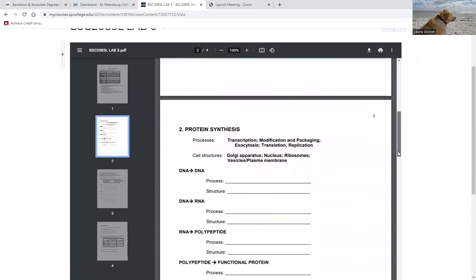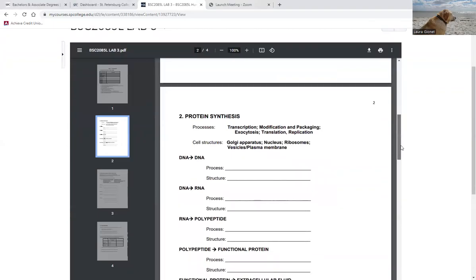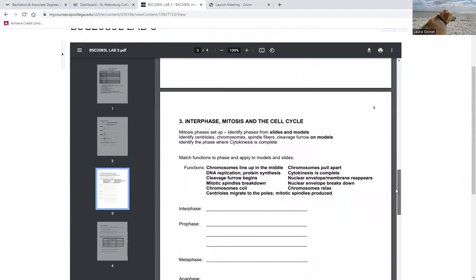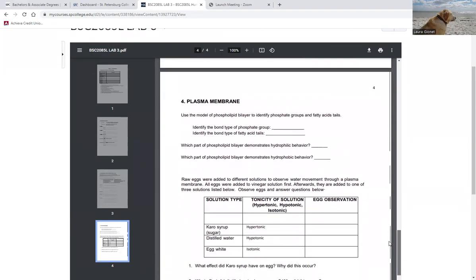Then we're going to move on to processes and the cell structures or organelles associated with protein synthesis, and we'll discuss that. And then we'll move on to interphase, mitosis, and cell cycle. And then further to the plasma membrane, identify some features again about phospholipids.